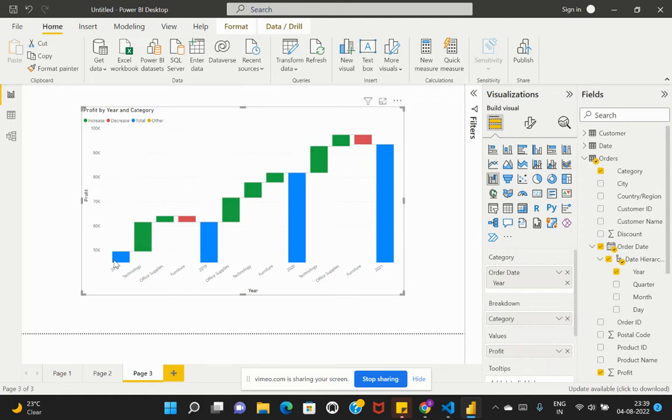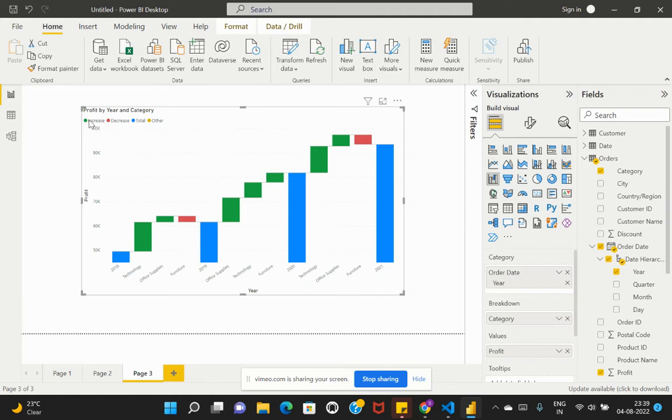So every year, during that range of x-axis value, which is my time range, I have broken down my profit values with respect to my category. If you observe, there is also a legend being populated, which helps me interpret this visual in a very helpful manner.